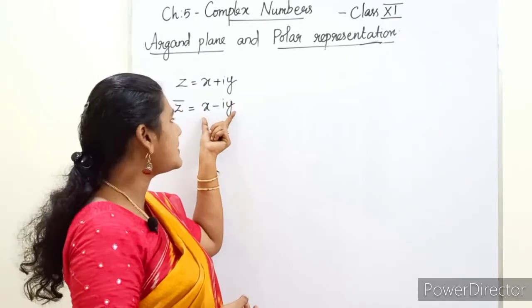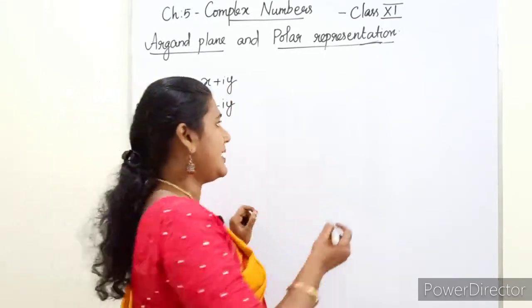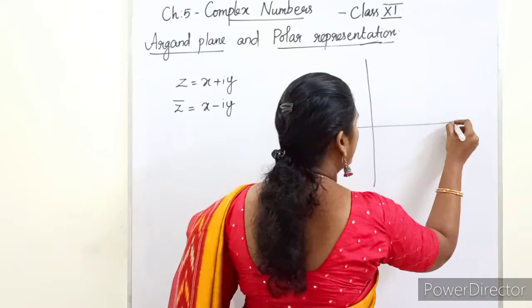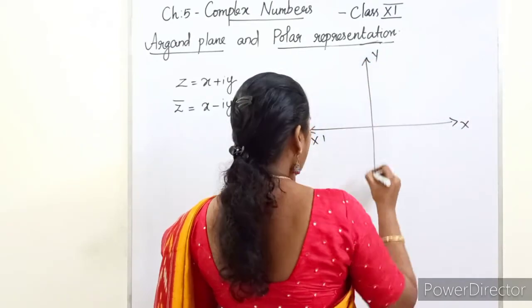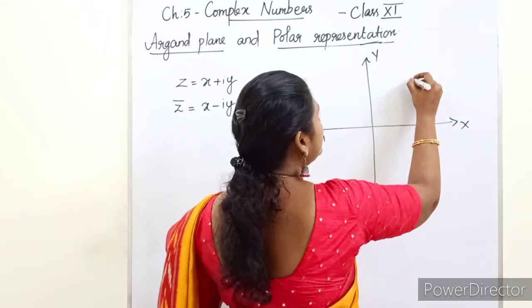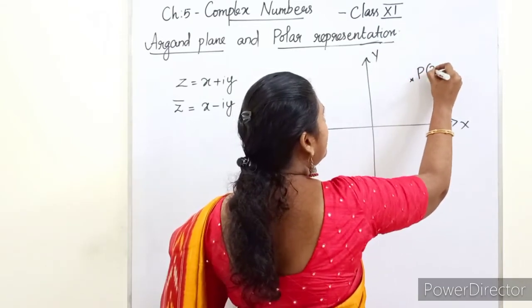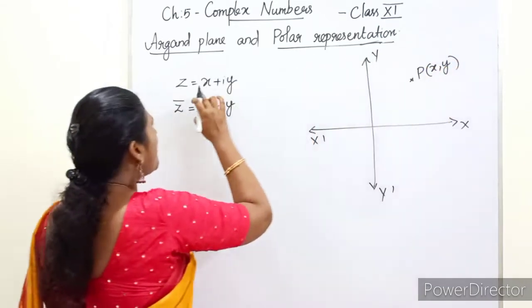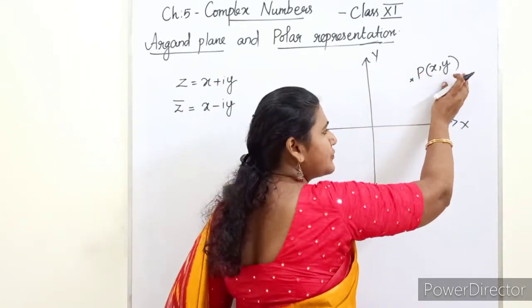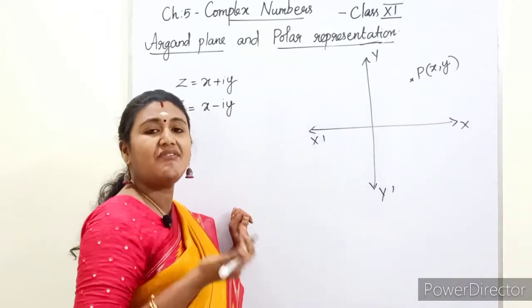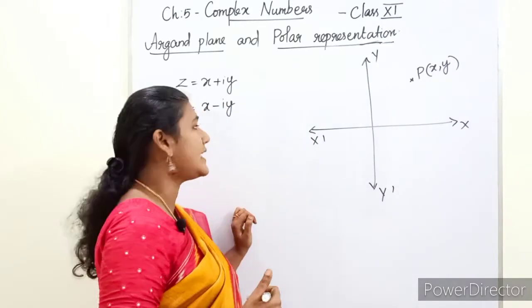So how can we represent this in the Argand plane? Suppose this point P(x, y) corresponds to the complex number x plus iy. Then where will its conjugate be?